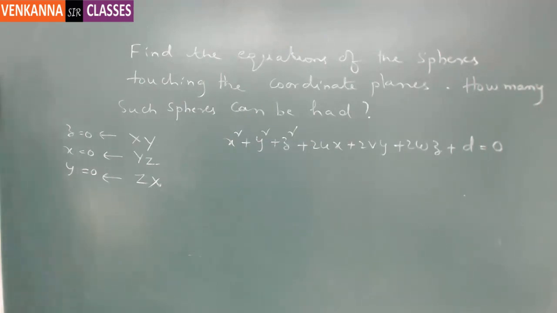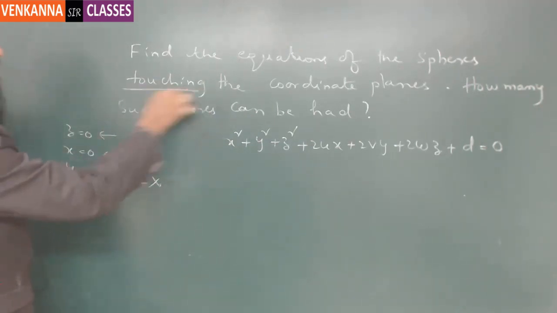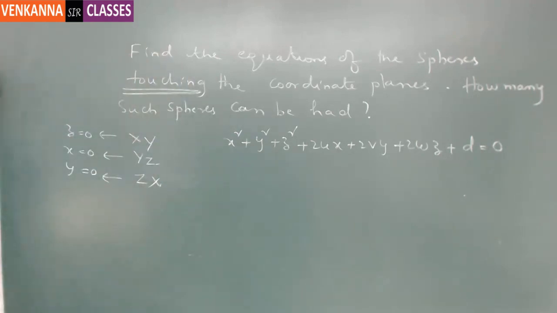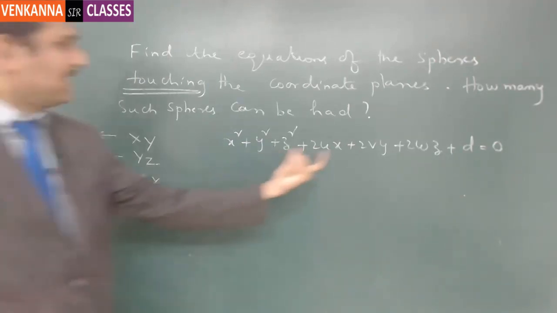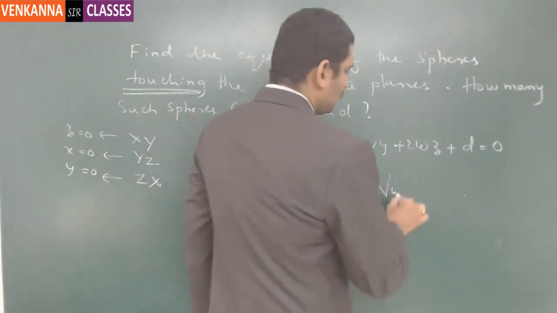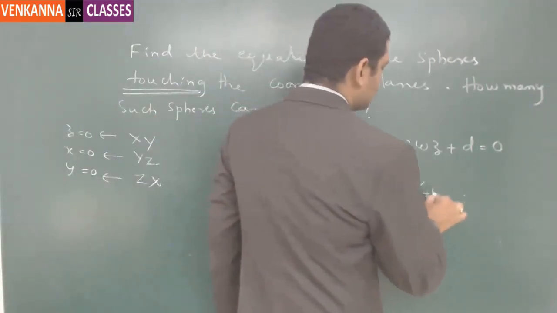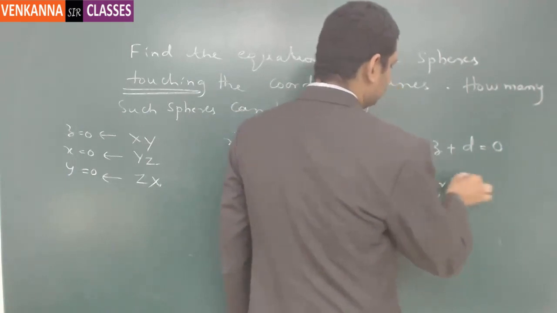So, since it is touching the planes, what is the touching condition? Distance must be equal to radius, isn't it? So, what is the radius of the sphere? Root of u square plus v square plus w square minus d.